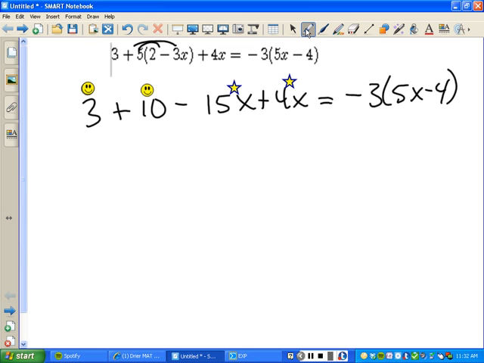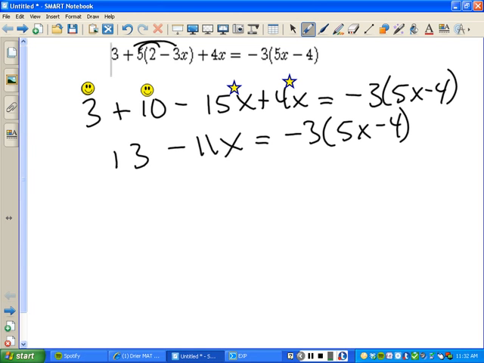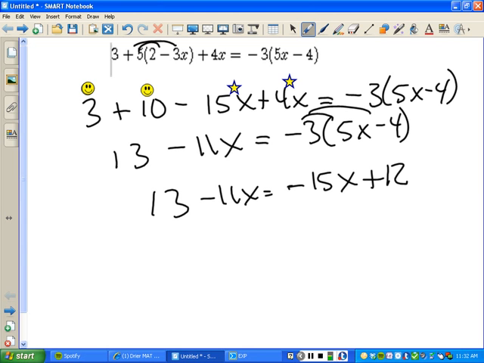So, 13 minus 11x equals negative 3, 5x minus 4. So now we have 13 minus 11x equals, distribute, negative 15x plus 12.